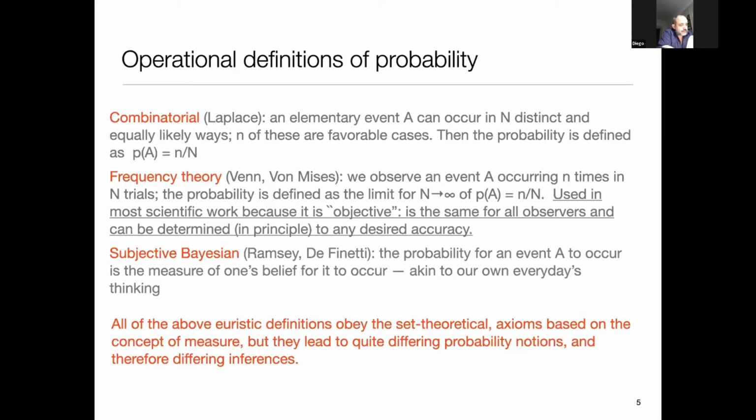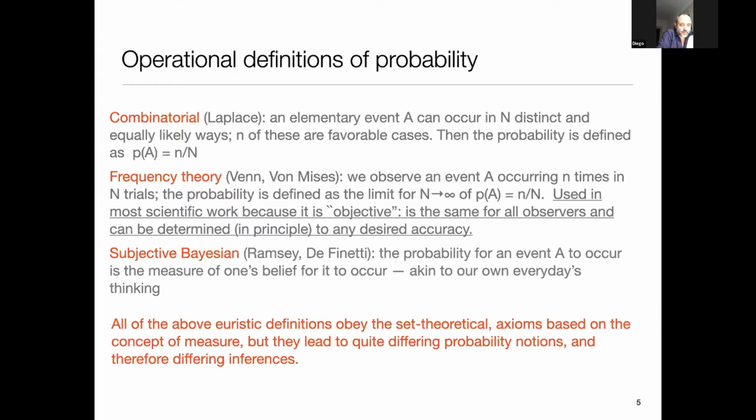There is a more general definition, which is the frequency theory definition, which is basically the same thing, except that we're taking the limit for the number of trials going to infinity. So this is still the probability in the von Mises frequency theory way: small n over capital N, in the limit in which the number of trials, capital N, goes to infinity.